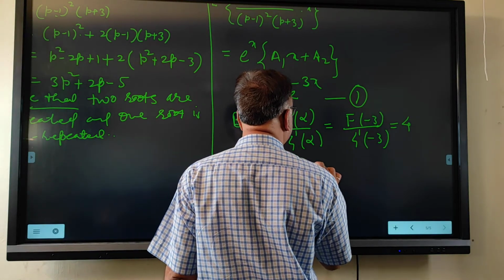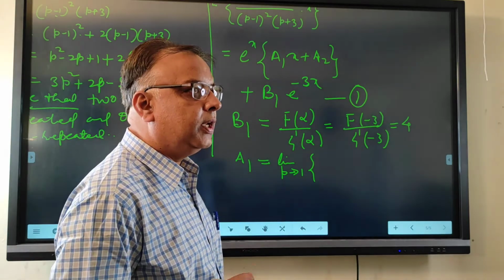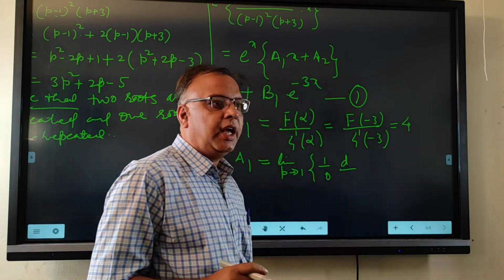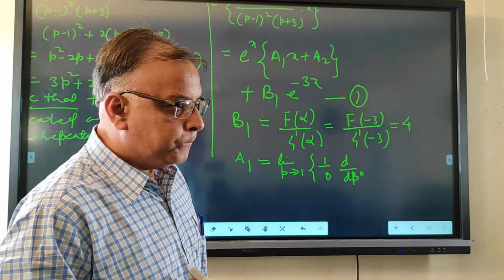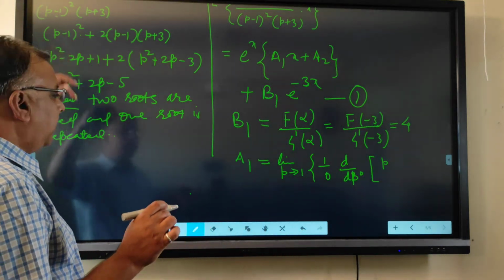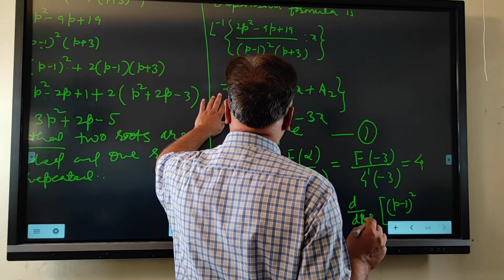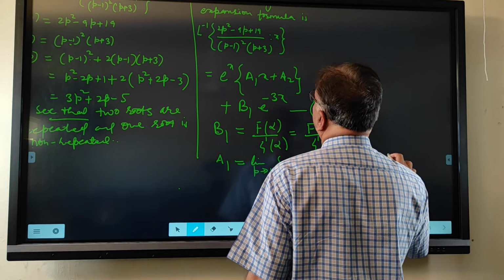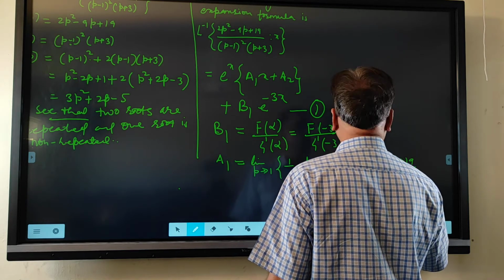Here k is 1, so 1 upon factorial 0 into d upon dp to the power 0 of (p minus 1) square into (2p square minus 9p plus 19) upon (p minus 1) square into (p plus 3).